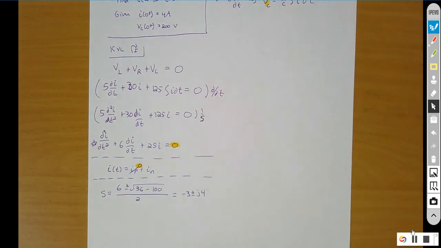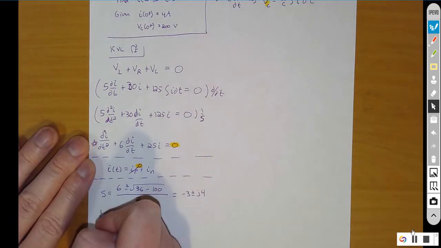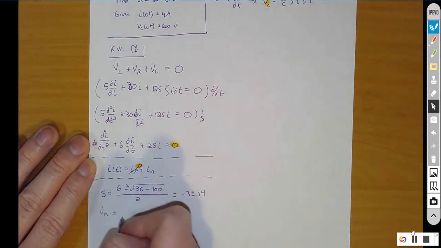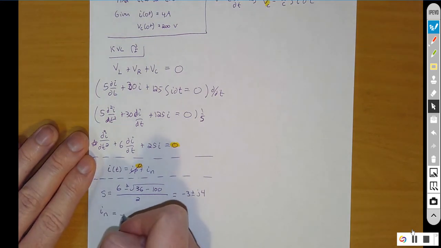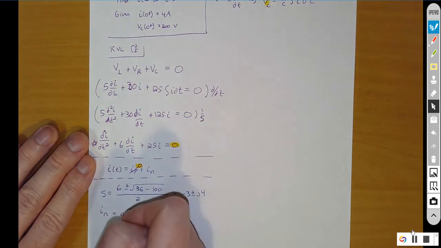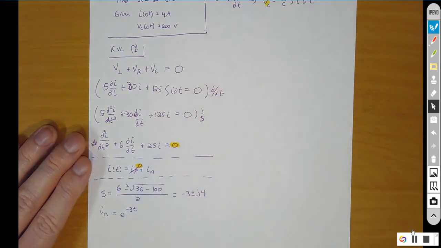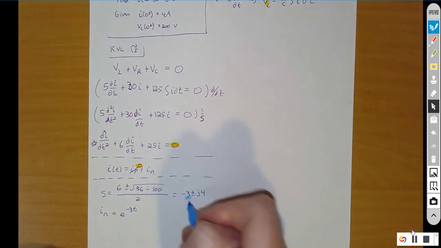So this is underdamped. We're going to get some oscillation, some sinusoidal action here, which means that our i natural is going to take the form e to the negative 3t. The negative 3 is here and here.